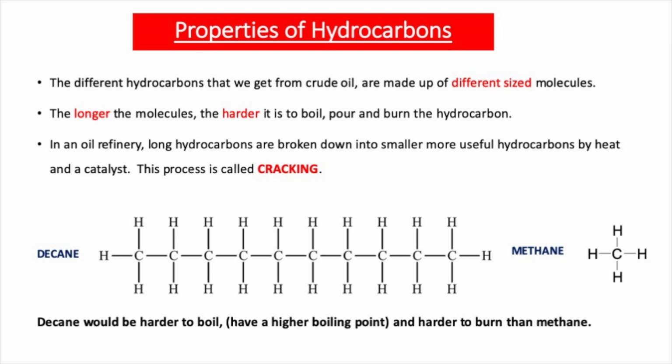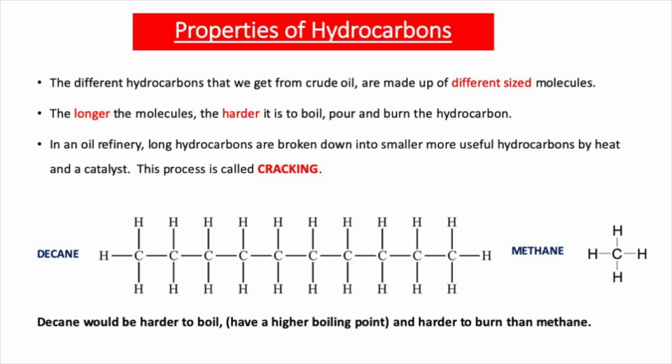So in an oil refinery, when we refer to cracking as making the hydrocarbons more useful, we mean it makes them easier to burn, boil, or pour. Nobody wants a fuel that you can't transport from one place to another. So an ability for a fuel to either pour or be piped via pipelines is essential.